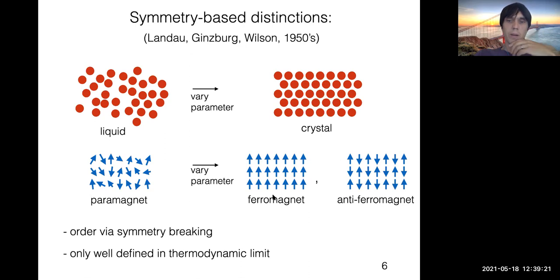So this is encoded in the idea of off-diagonal long-range order in terms of a local order parameter. But the reason this is called spontaneous symmetry breaking is that, despite the fact that the right side of this figure looks more orderly, the ground state there has less symmetry than on the left side. For instance, in a ferromagnet there's a preferred direction for the spins to point.